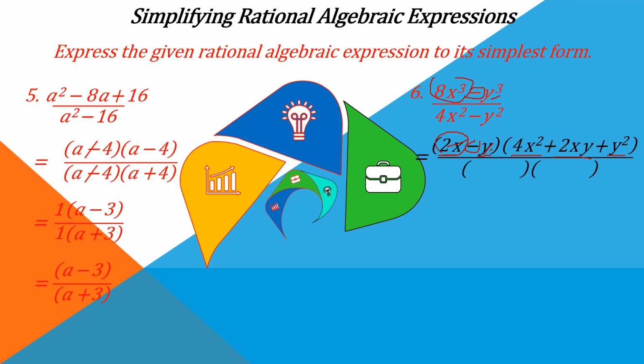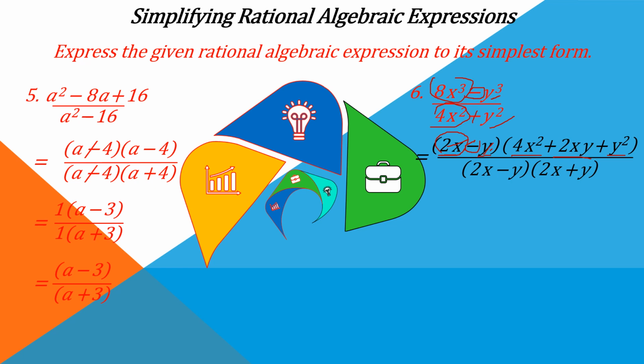This is a difference of two perfect squares. 4x squared is equal to 2x multiplied by 2x, and y squared is equal to y multiplied by y. And since this is negative, we have negative and positive.